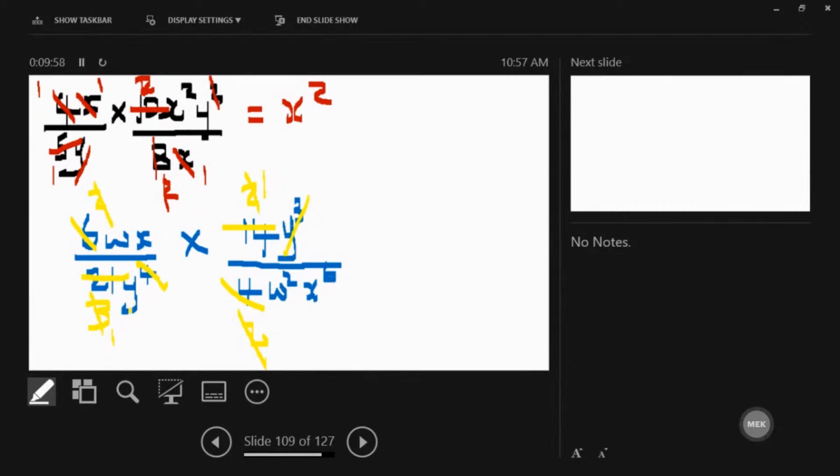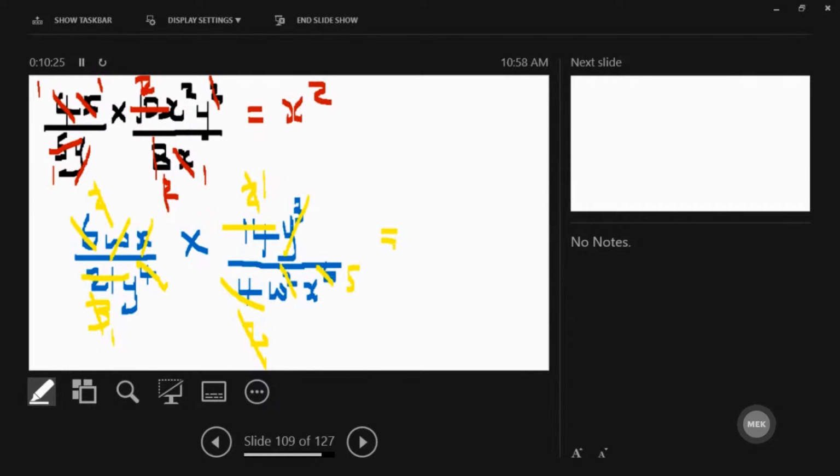So that's the y we have here. W cancels the w squared, leaving w. And x cancels x to the sixth power and leaves x to the fifth power.